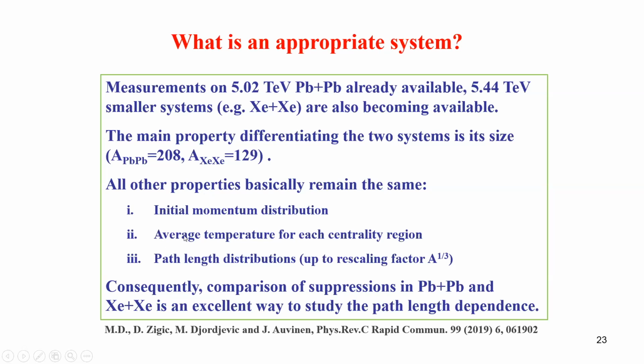We can show they have the same average temperature for each centrality region, and they have the same path length distributions up to the rescaling factor A to the 1/3. That is, the main property differentiating these two systems is its size, that is this rescaling factor A to the 1/3, which therefore makes comparison of suppression in lead-lead and xenon-xenon an excellent way to study the path length dependence.